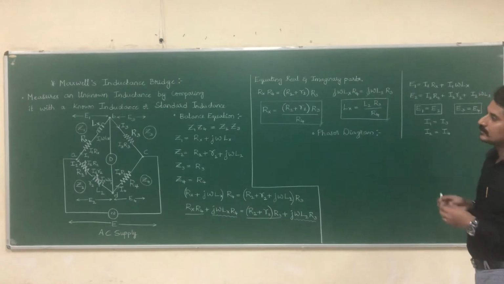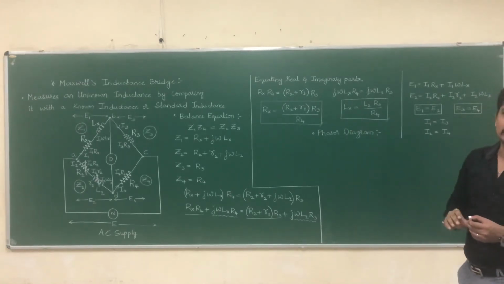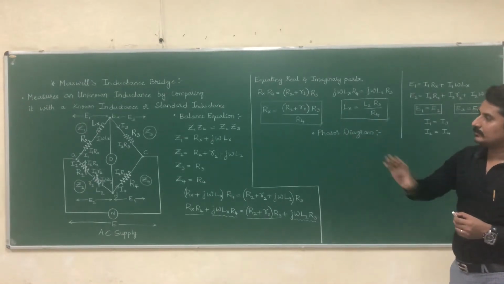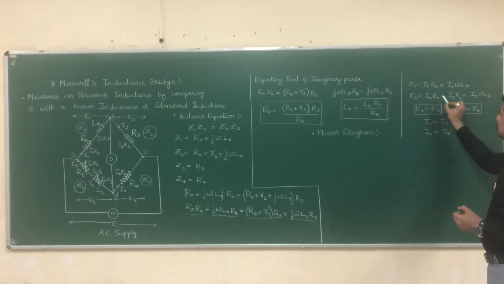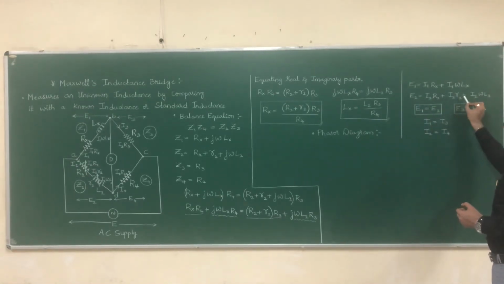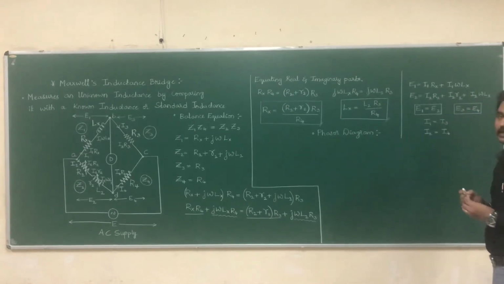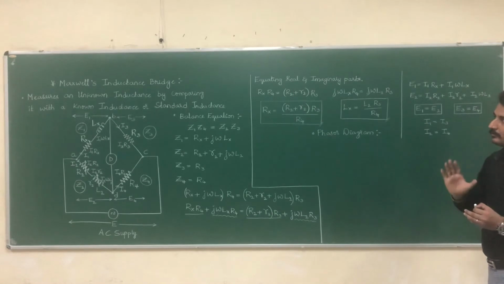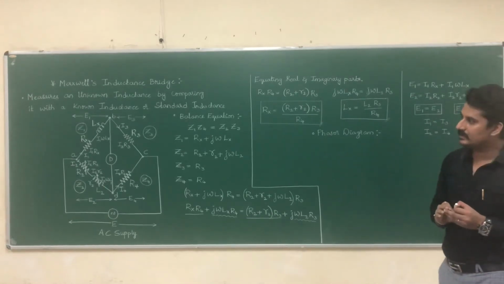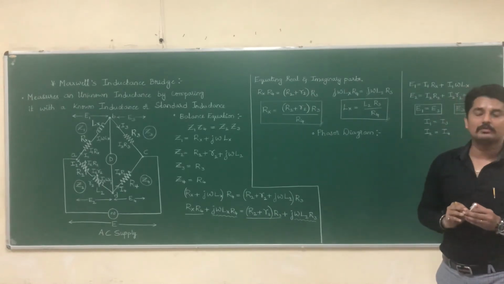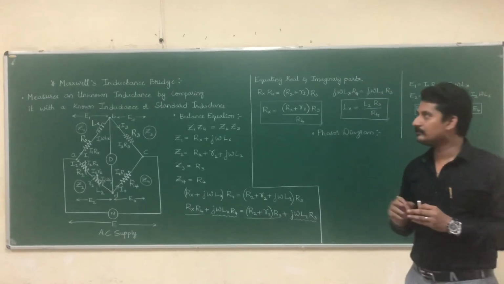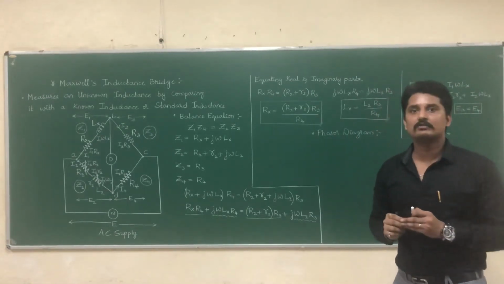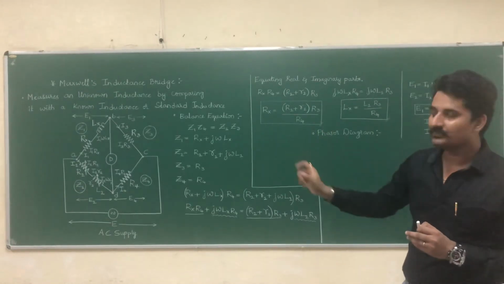Similarly, for arm AD, E2 equals I2 R2 plus I2 r2 plus I2 omega L2. Under balanced condition, the potential drop across arm AB equals the potential drop across arm AD, and similarly the potential drop across arm BC equals the potential drop across arm CD.